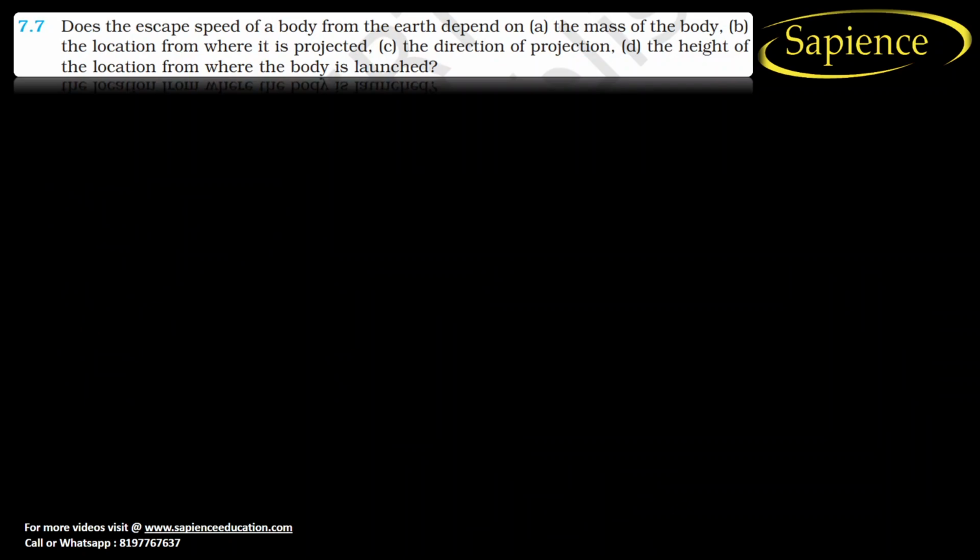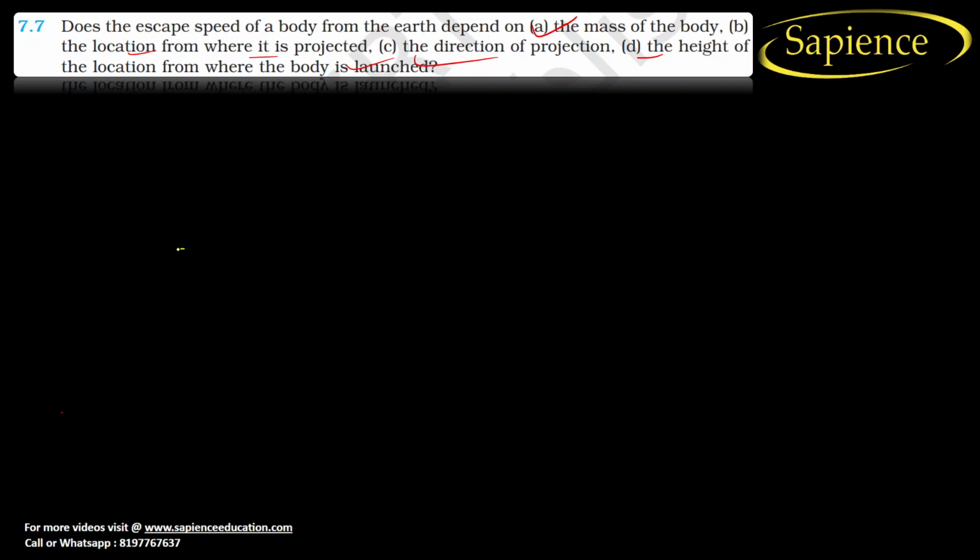Now let us see question number 7.7 of the gravitational chapter. Does the escape speed of a body from the Earth depend on the mass? They are asking about the mass, or whether it depends upon the location from where it is projected, or the direction, or the height. So let us see here.